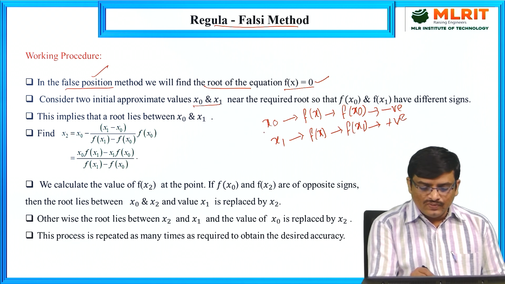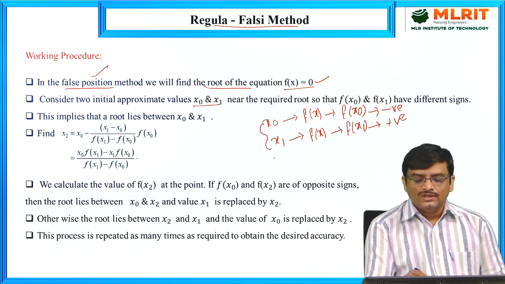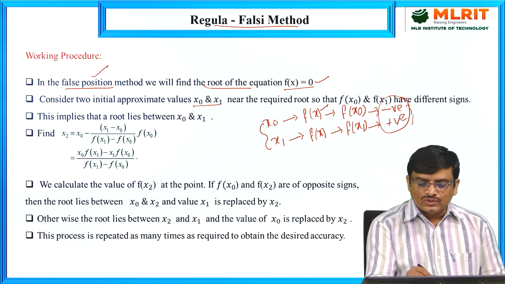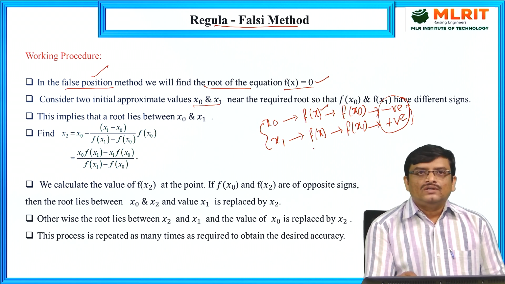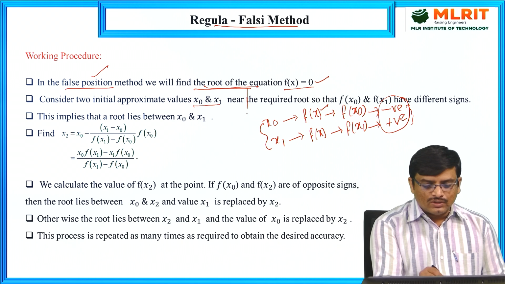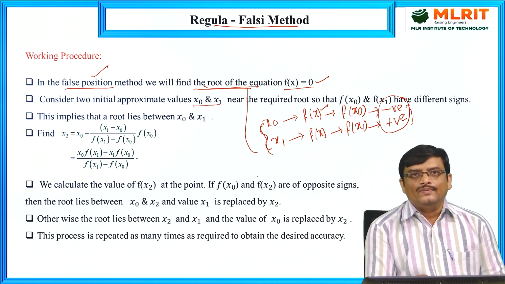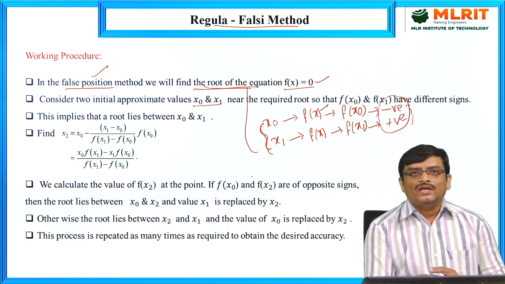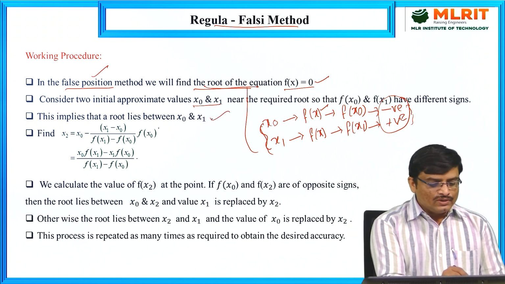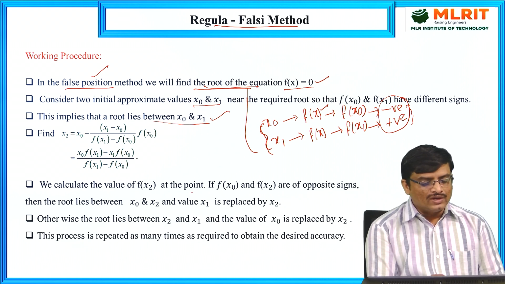Whenever we substitute these two real numbers in the function f of x, their function values must have opposite signs. Then we can conclude that the root we are going to find lies between these two real numbers x0 and x1.